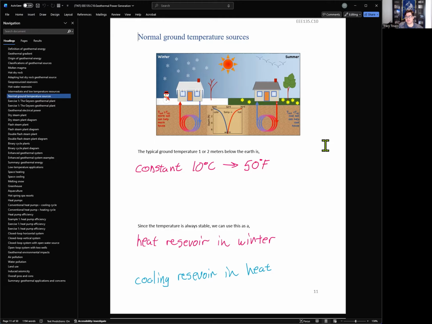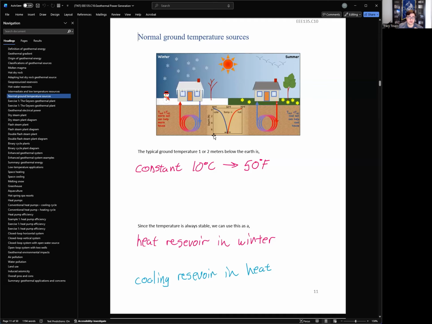We can use that by taking our house and building a pipe, let's be safe, let's say 10 meters down in the earth. Put a bunch of loops of pipes everywhere to get a little more surface area, and then pump some water back up into the house. So we can reliably get a 50 degree Fahrenheit temperature source from the ground, because the ground's never going to change. It's constant all day long, right?